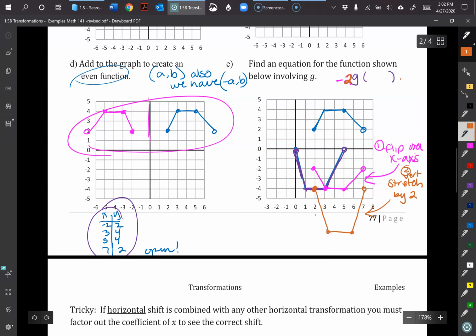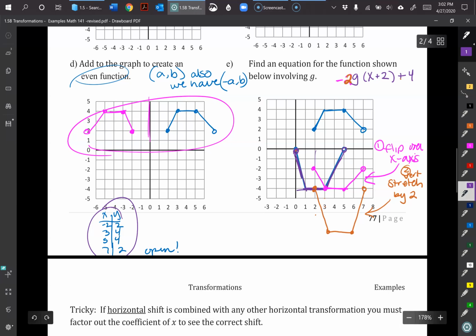So that's stage 2. Then I can see to get over where this point is, I am shifting left for the x, so that would be add 2, and I'm shifting up 4 for the y. I'm going to do those in one motion here.